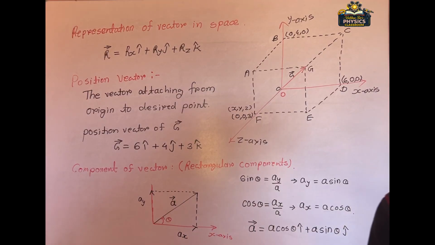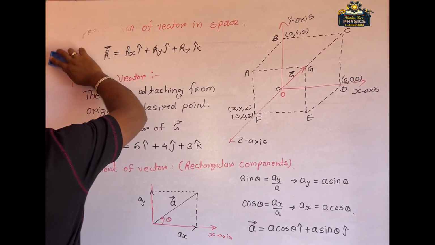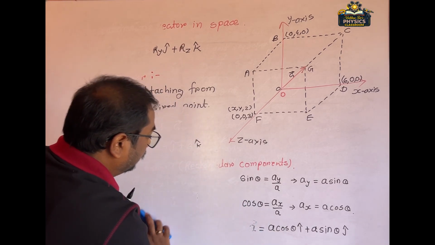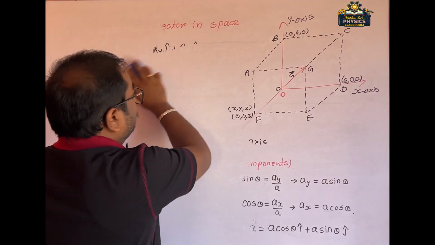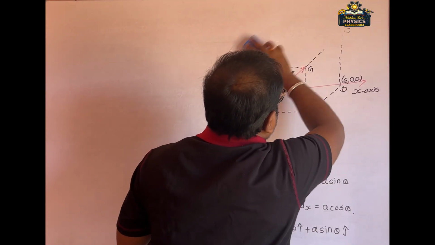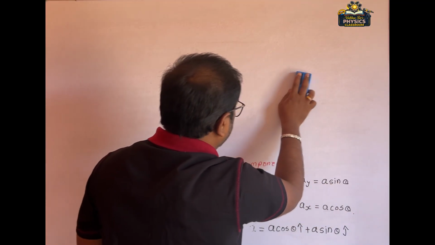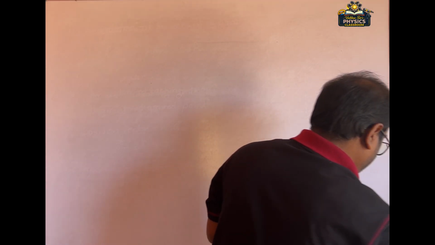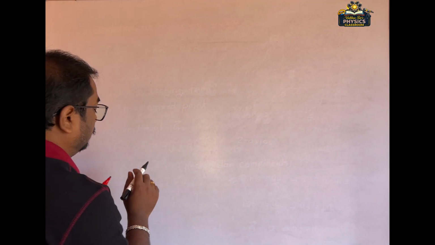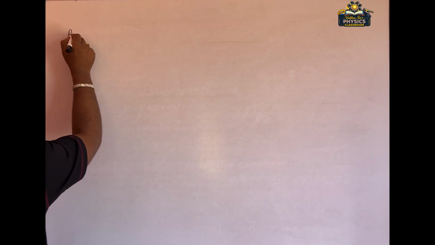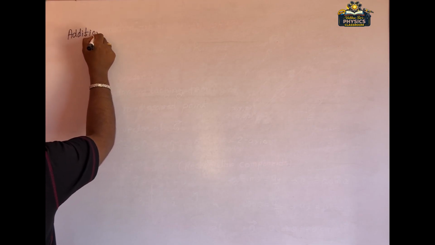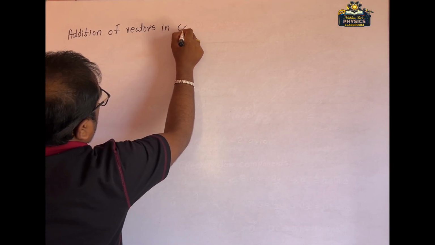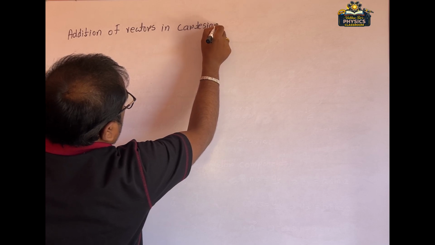Now here, if we get two vectors with two components, if we get the two vectors in Cartesian form, we can give the addition of vectors in Cartesian form.